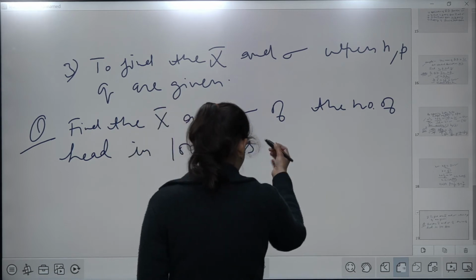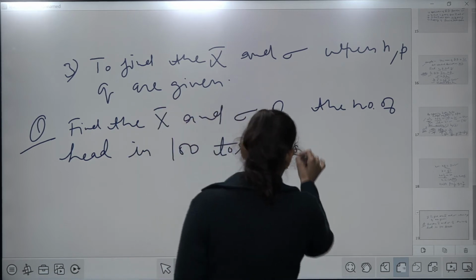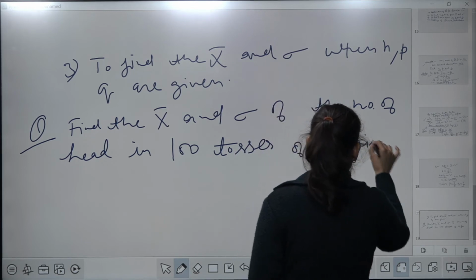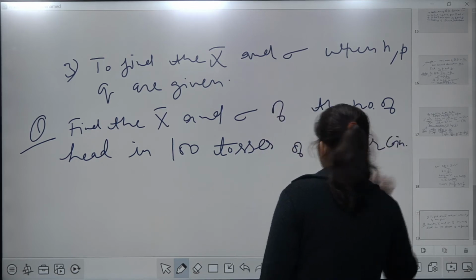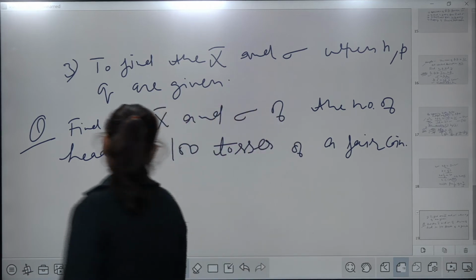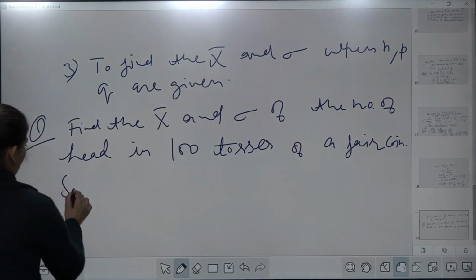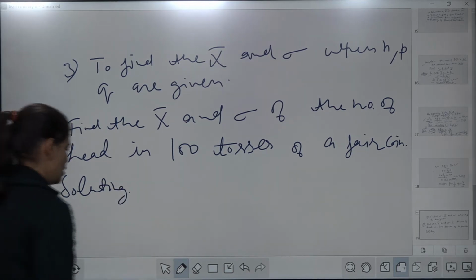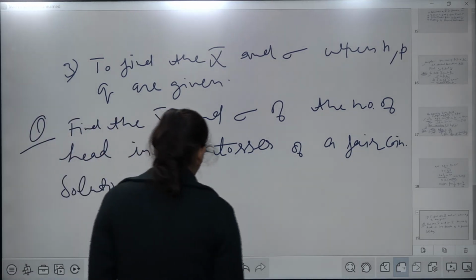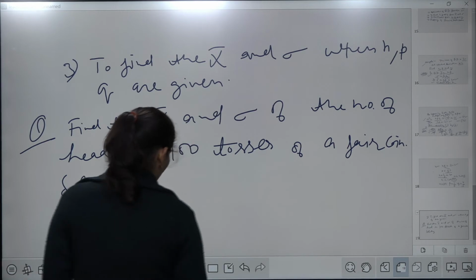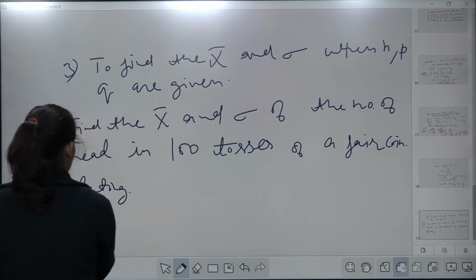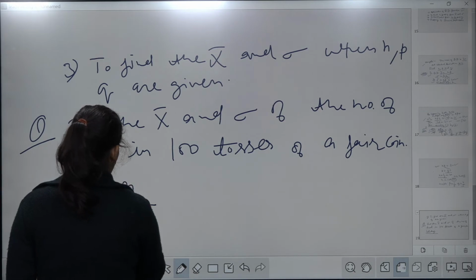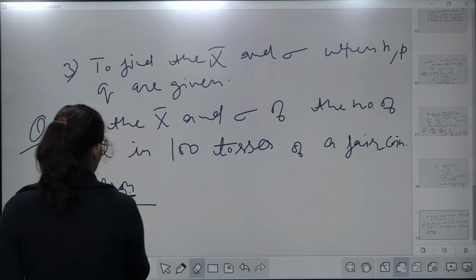So, N is 100 tosses of a fair coin, right. As you all know, in case of a fair coin, probability is always 1 by 2. So, this is your solution.